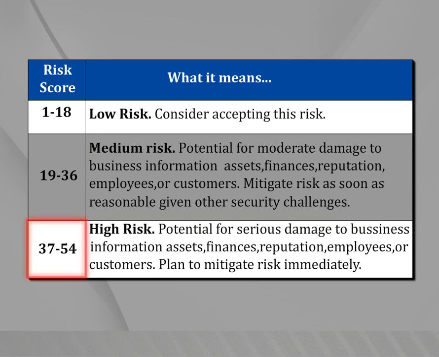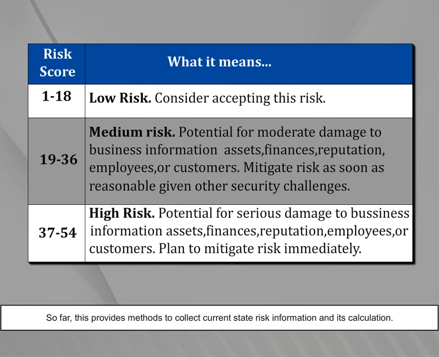Risk score 37 to 54, which means high risk, potential for serious damage to business's information assets, finances, reputation, employees or customers. Plan to mitigate risk immediately. So far, this provides methods to collect current state risk information and its calculation.